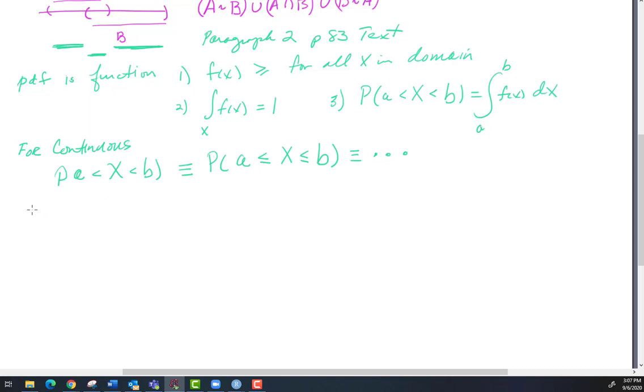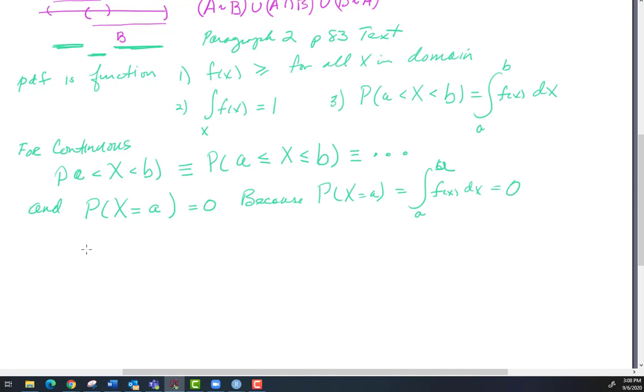Another consequence of that is that for a continuous random variable, the probability that x is equal to any single value a is equal to 0, because the probability x equal a would be equal to the integral from a to a, not a to b, a to a, f of x dx, which would be equal to 0.